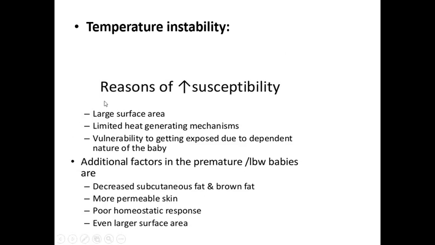So this can happen in any newborn baby. But in addition to this condition, premature babies have less subcutaneous fatty tissue.